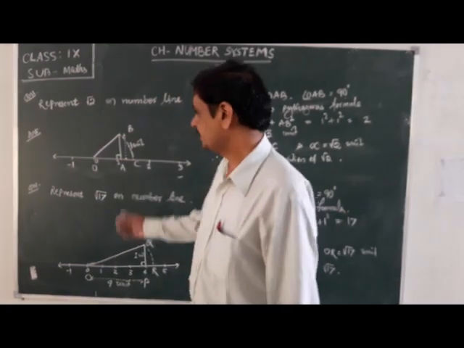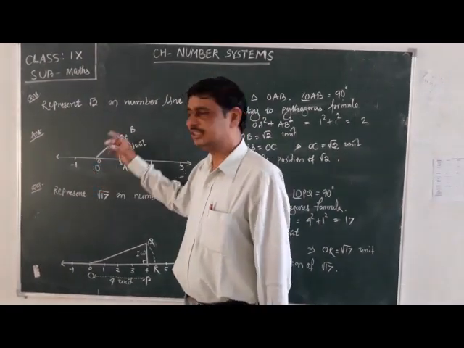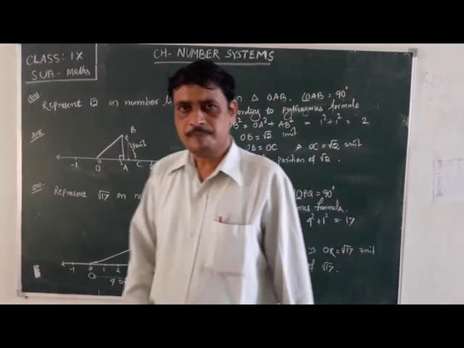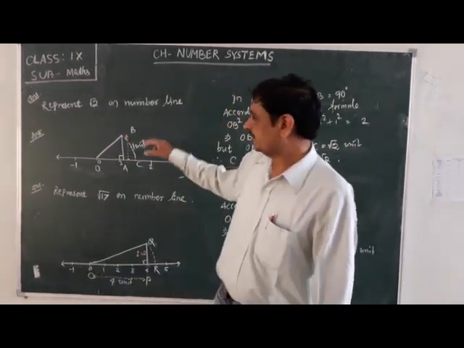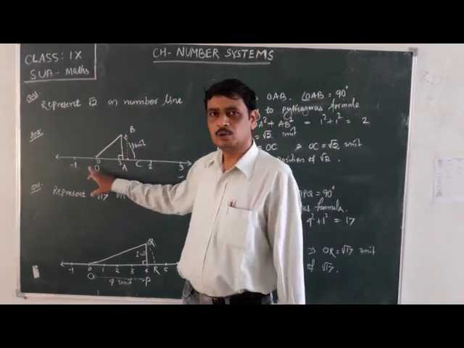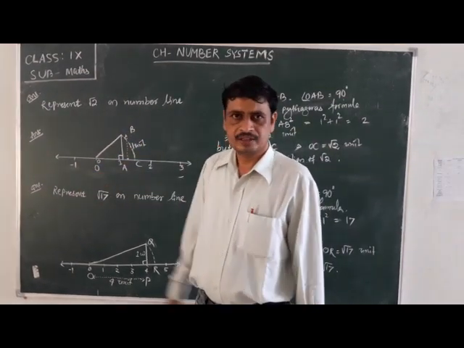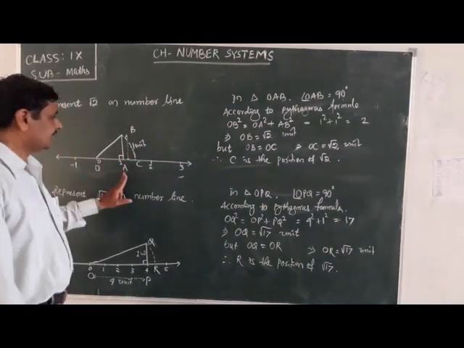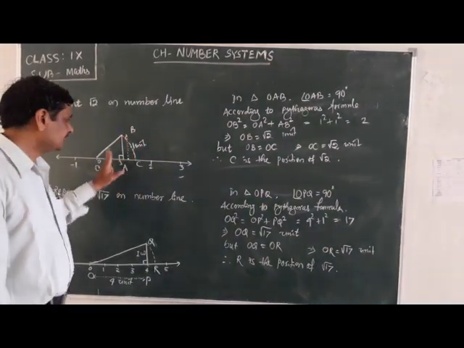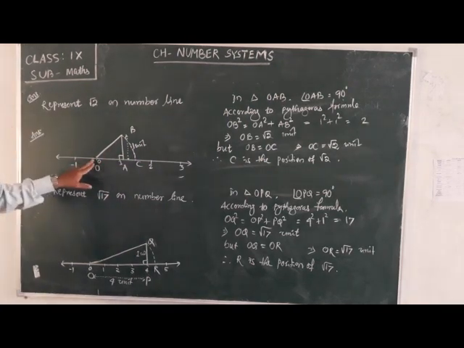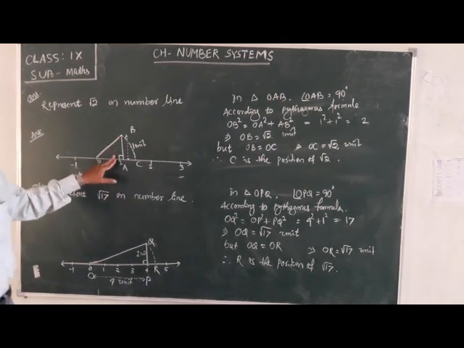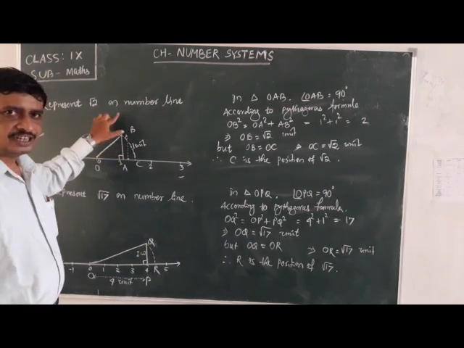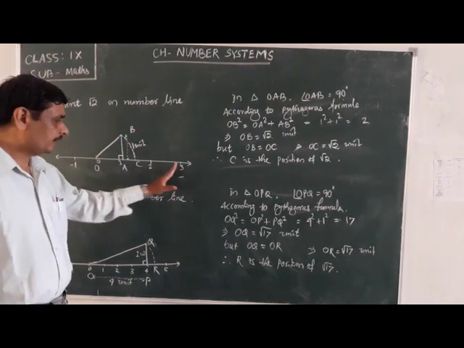Here OA is 1 unit and AB is also 1 unit. Now when we join point B with O, we get a triangle OAB. In this triangle, the angle OAB becomes 90 degrees since it is drawn perpendicular to the number line.